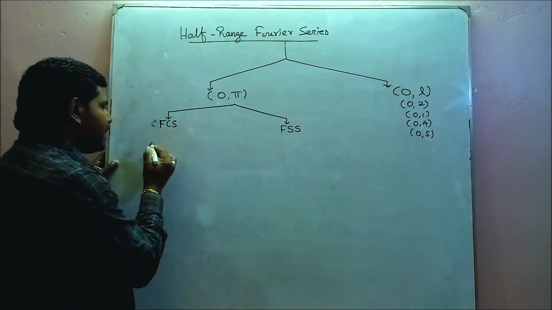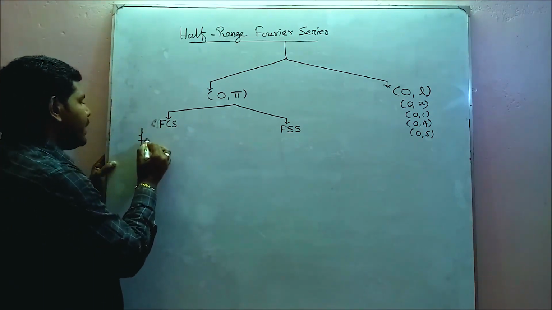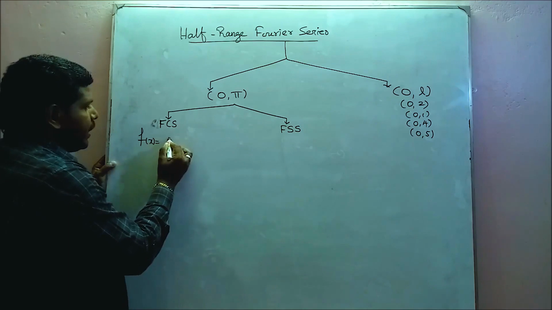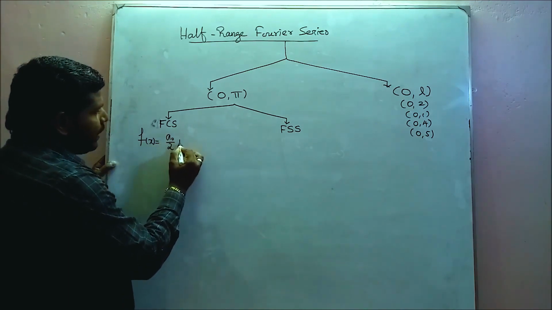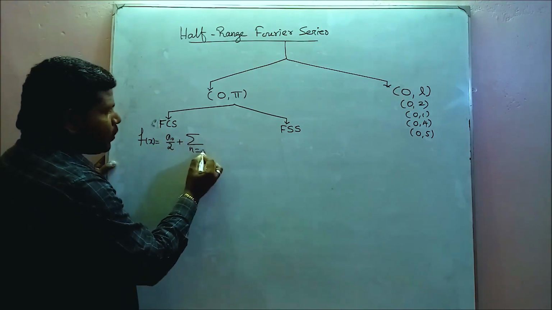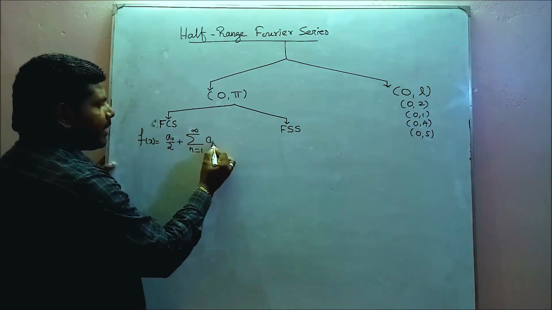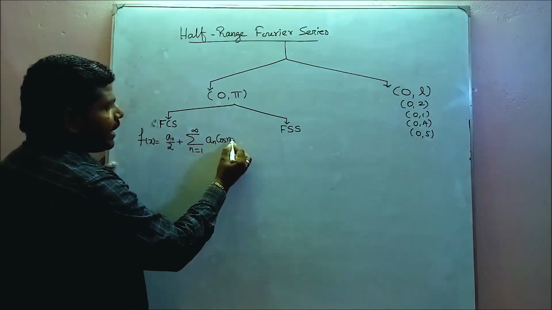So the Fourier cosine series formula is: f of x equals a0 by 2 plus sigma n equals 1 to infinity an cos nx.